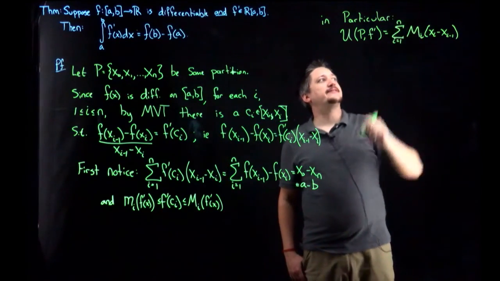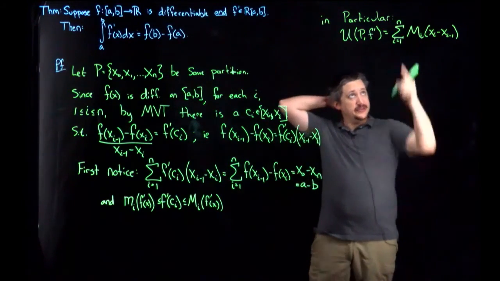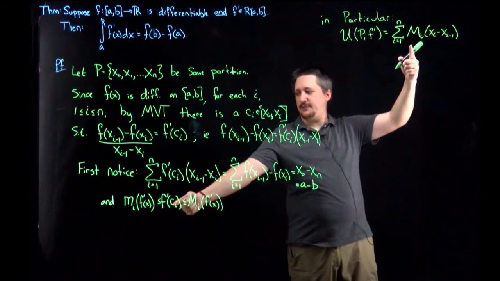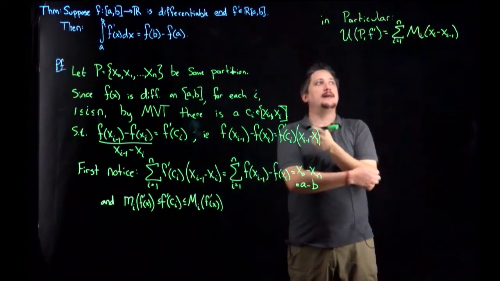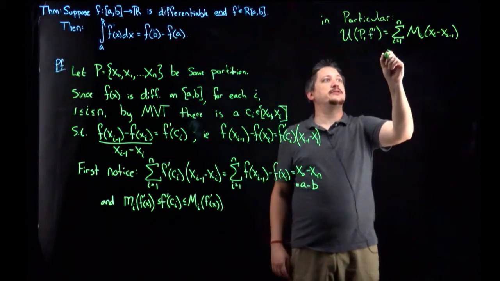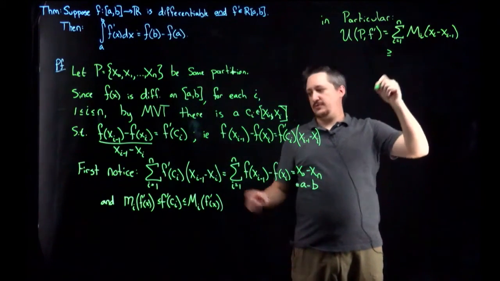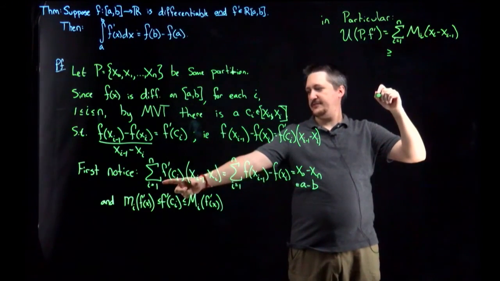So that's this thing. But this capital M is bigger than f prime of c. So if I systematically replace it with something that is no bigger, I'm going to get that this thing is greater than or equal to this, right?